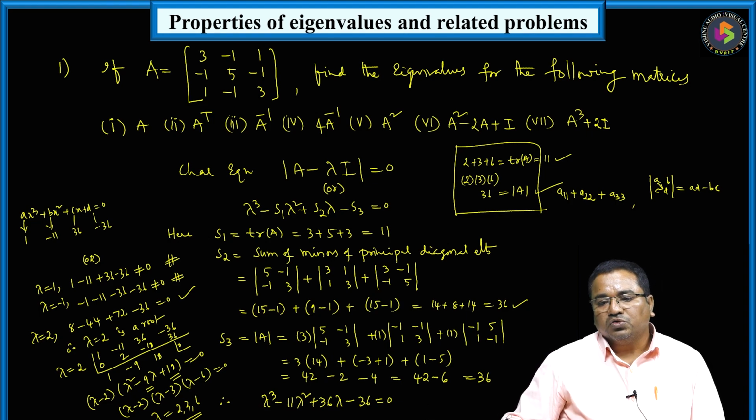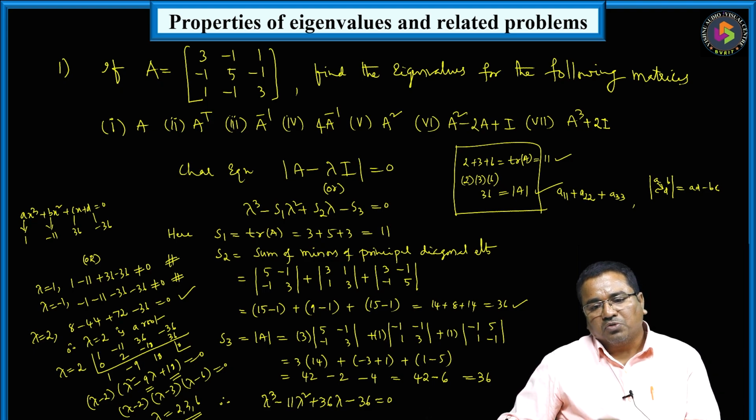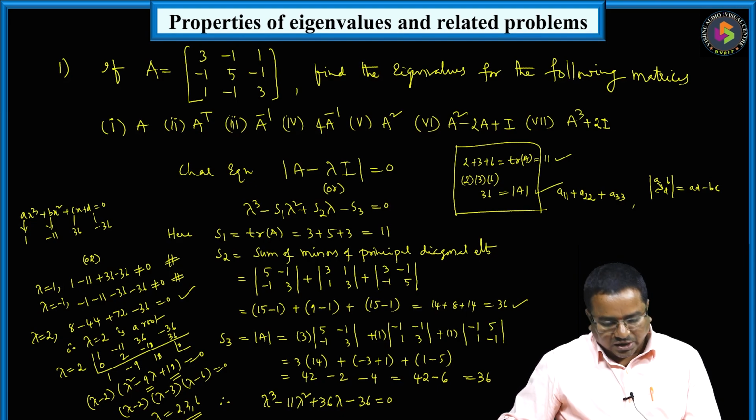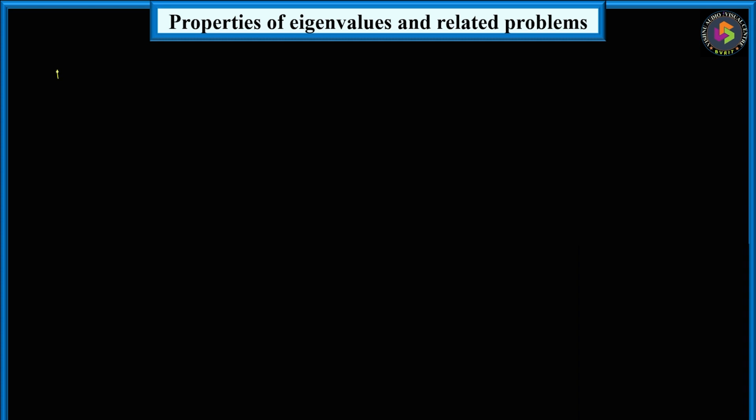So next, once we know the eigenvalues of the matrix A, by using the properties of eigenvalues, we can compute the eigenvalues of the following matrices. The first one, eigenvalues of A, is lambda. So what we got as eigenvalues of A are 2, 3, 6.